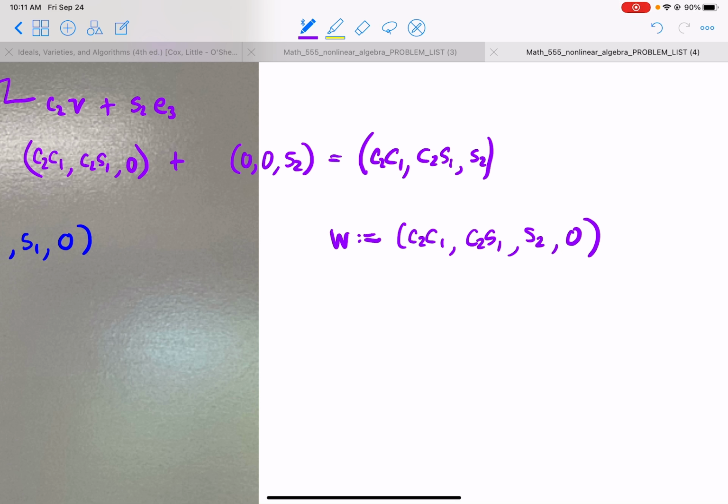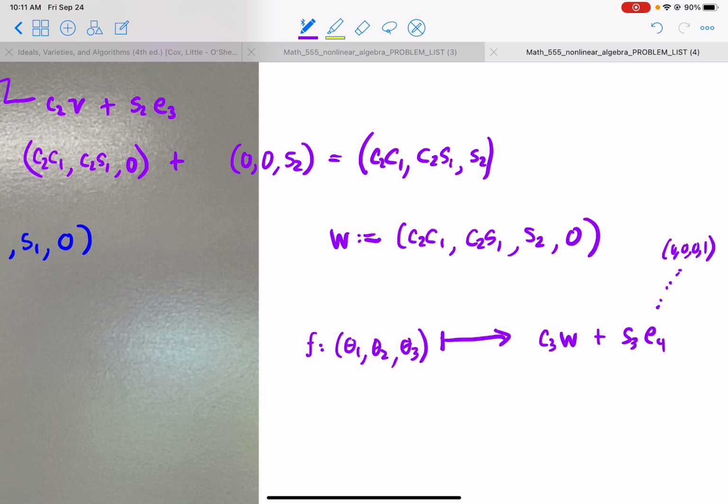So a map from theta 1, theta 2, theta 3 gets sent to cosine theta 3 W plus sine theta 3 E4. E4 is (0, 0, 0, 1).